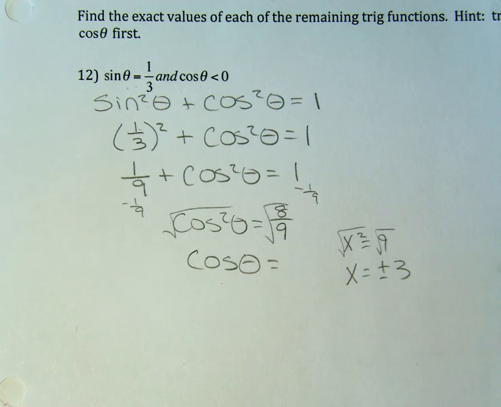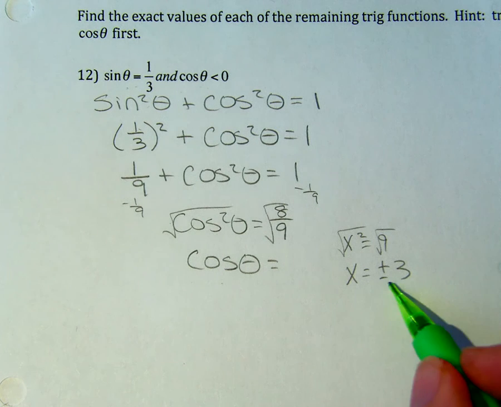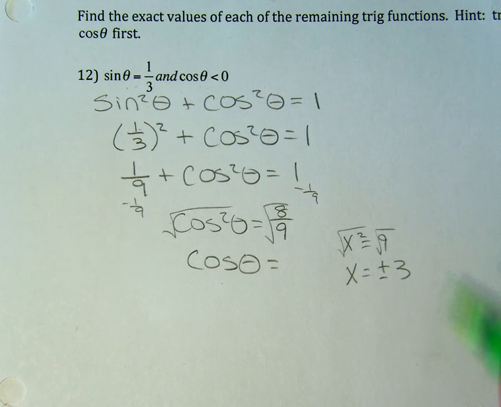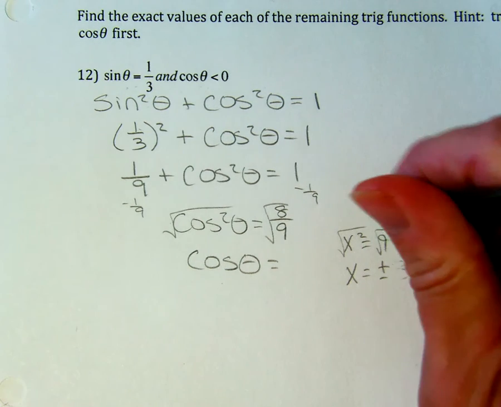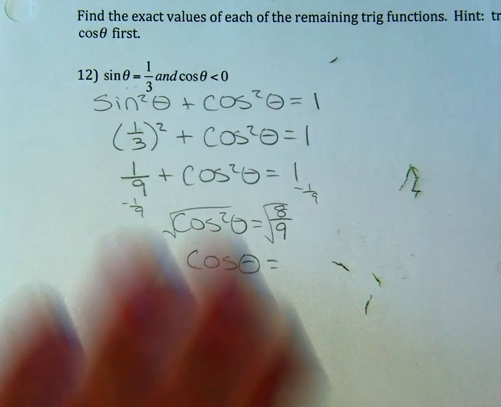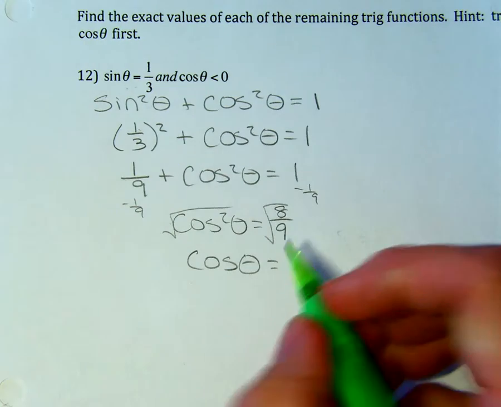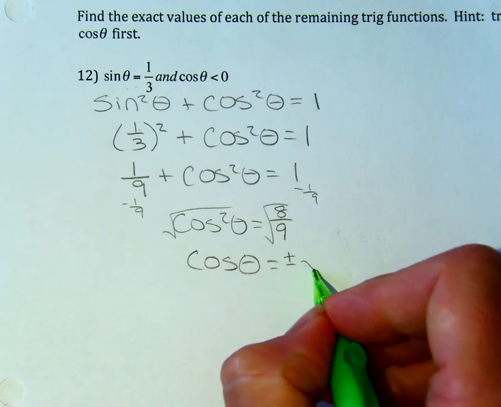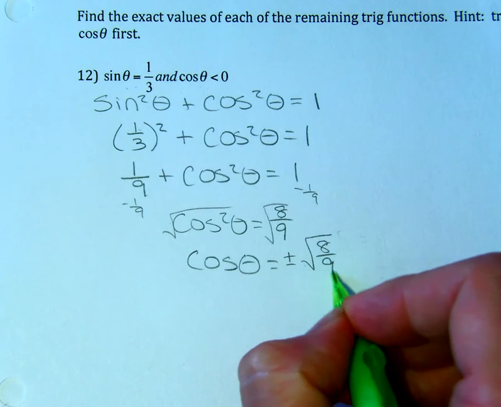You couldn't just do the square root of 9 as 3 because it could be a positive or a negative, because a negative 3 squared is also 9. Well, the same thing's going to happen here. You're going to need to do a plus minus when you square root. So I'll have plus or minus the square root of 8/9.